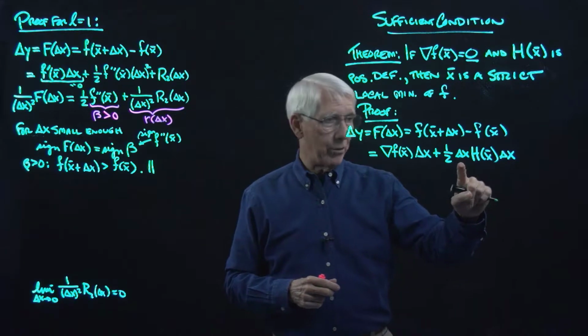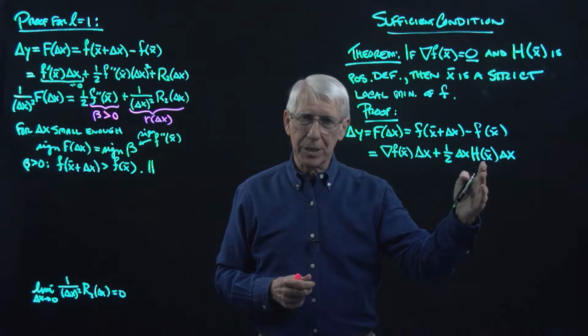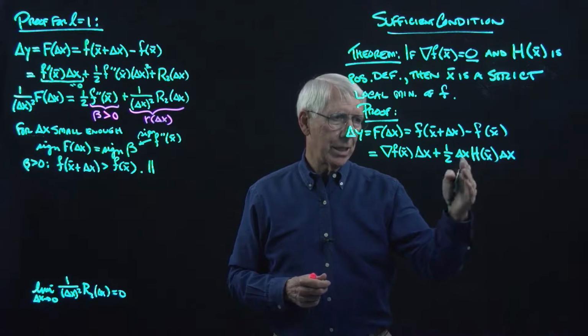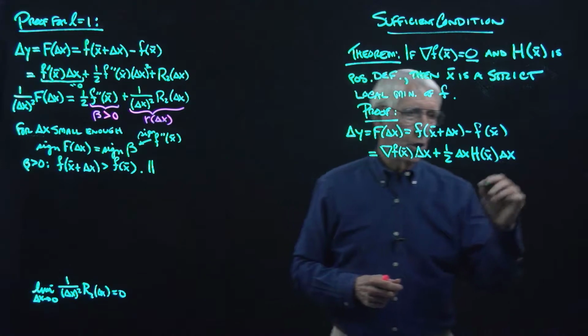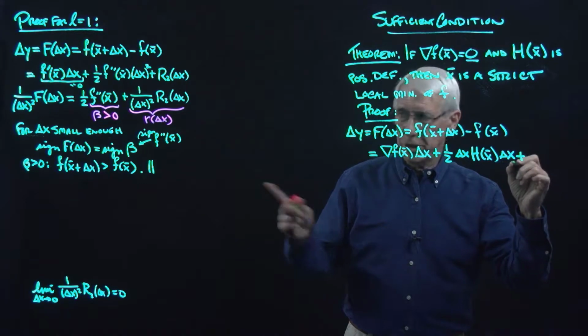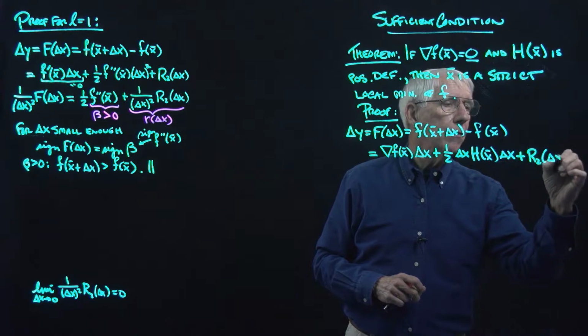Remember when we talked about quadratic forms, here's the matrix of the quadratic form, and here's the variable that goes into the quadratic form. And so then we of course also have, just as over here, R2 of delta x.